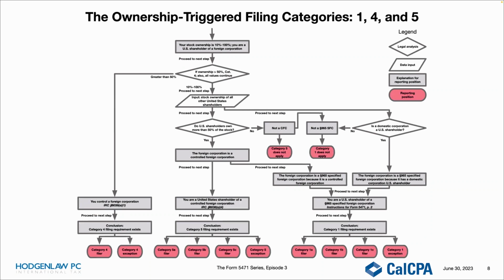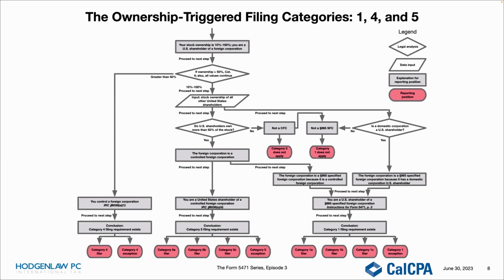So here's my handy dandy spreadsheet, where, not a spreadsheet, it's a flow chart, right? I know the difference. I'm trying to figure out ways where I can solve all of my problems all at once as much as possible. So rather than picking up a job and looking at it and saying, is there a category 1 filing requirement? And I come to the bottom and I say, yep, nope.